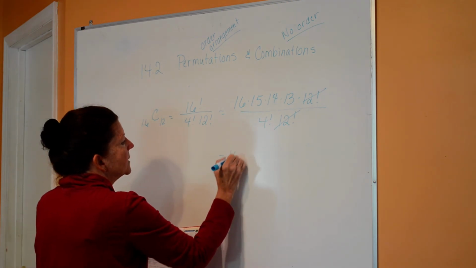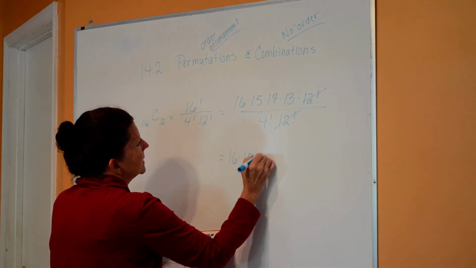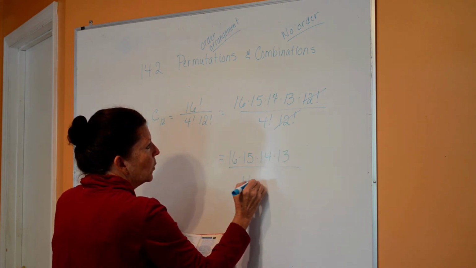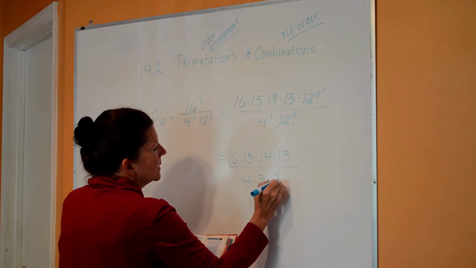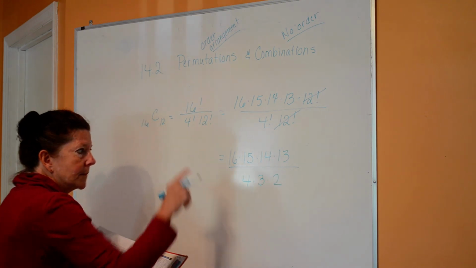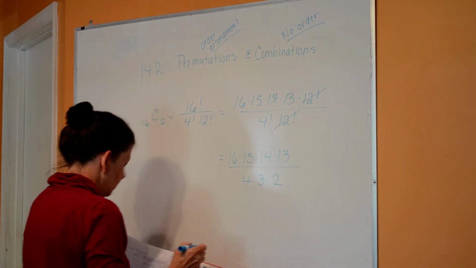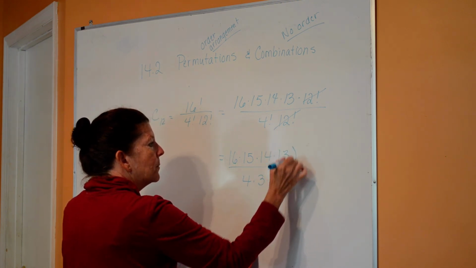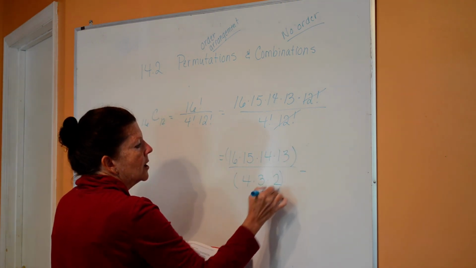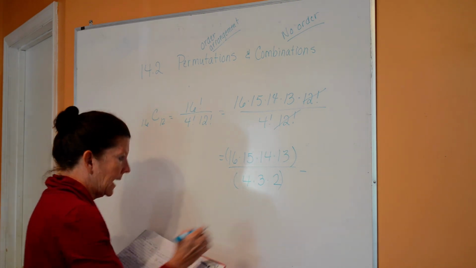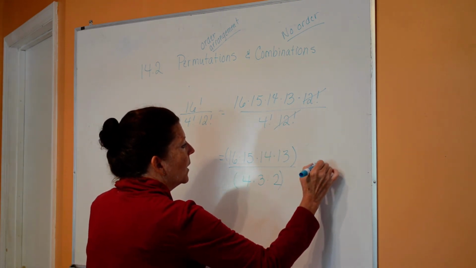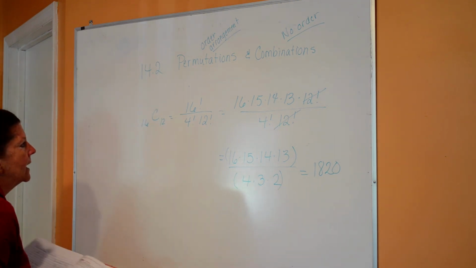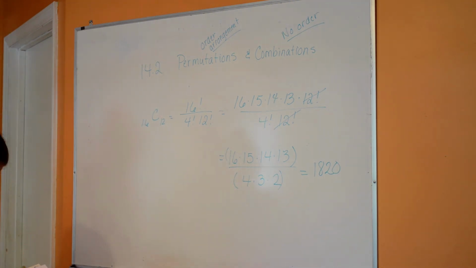So now I've got 16 times 15 times 14 times 13, and on the bottom I have 4 times 3 times 2. So if you did that out, and again, use your calculator. If you want to put it all in there at one time, make sure you put parentheses around that, and it's going to give me 1,820 ways that you can choose 12 things from 16 things.